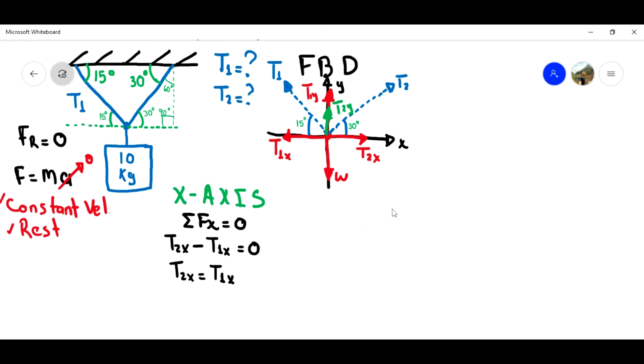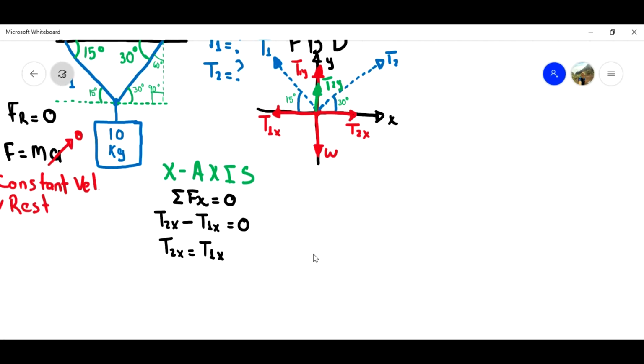And I'm going to continue with the substitution. Remember that for tension 2x and tension 1x, I need the cosine. So tension 2 times the cosine of the angle of tension 2 equals tension 1 times the cosine of the angle of tension 1.